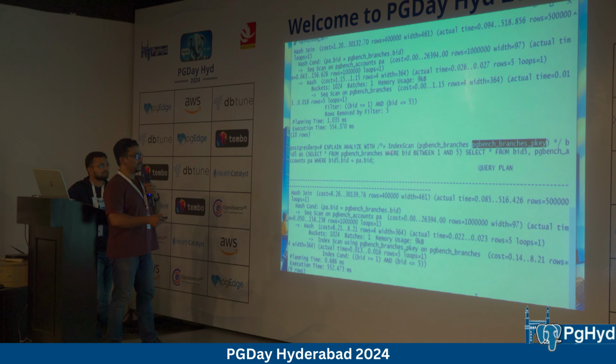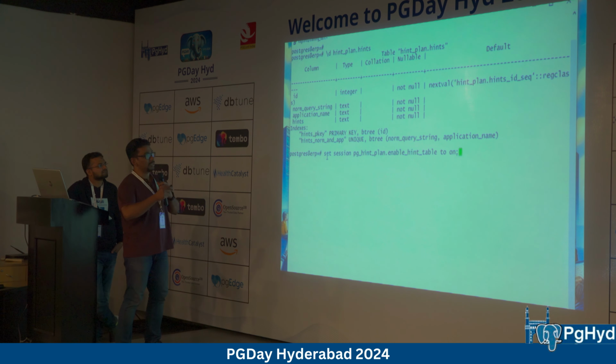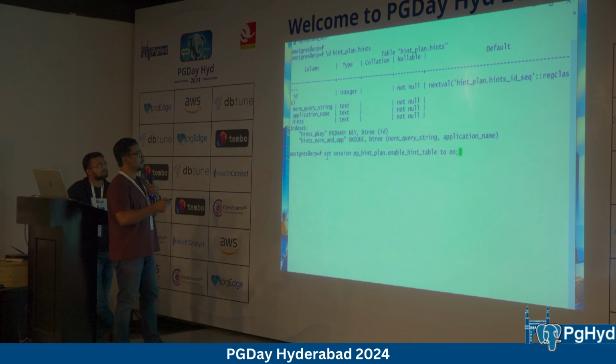Now I'm using this hint called index scan, and I'm giving this pkey as the index we want to use. And here we see that the index scan is being used. Now we will do the same without changing the source code, that is, using the hints table.